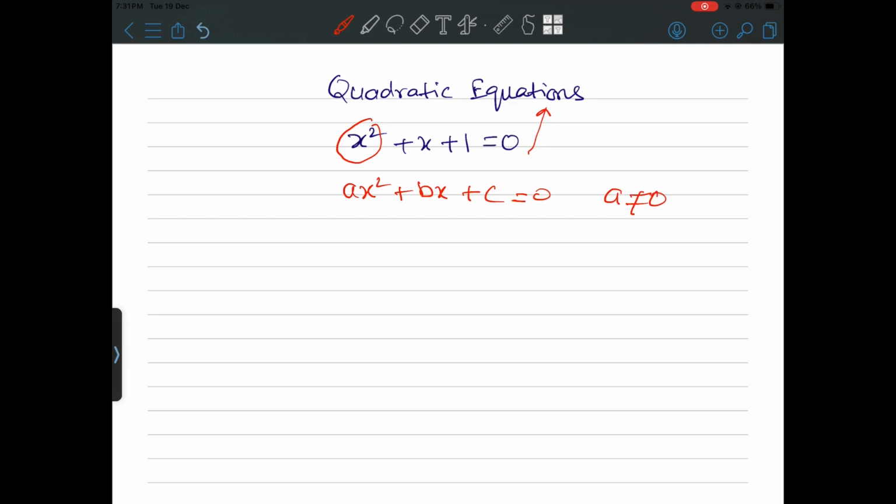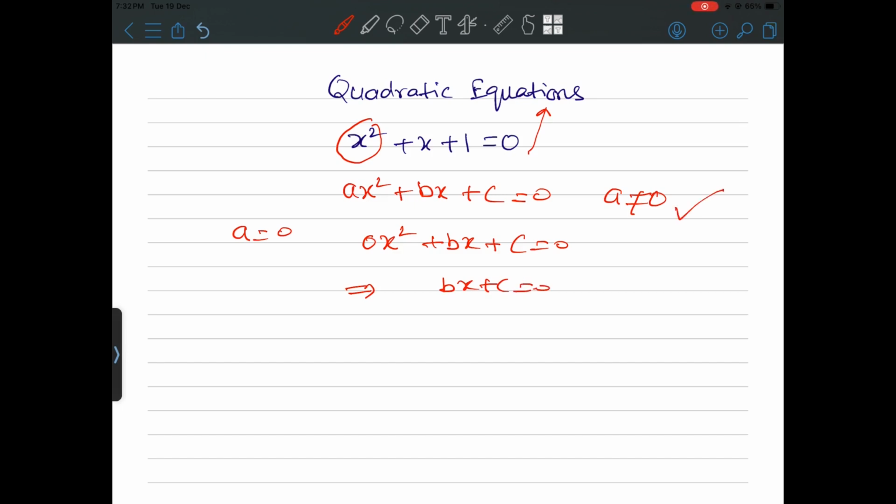It means that if you put the value a is equal to 0 in the above equation, what happens? It vanishes the x square. So then this equation cannot be called a quadratic because it becomes a linear equation. So this is the meaning of a not equal to 0.